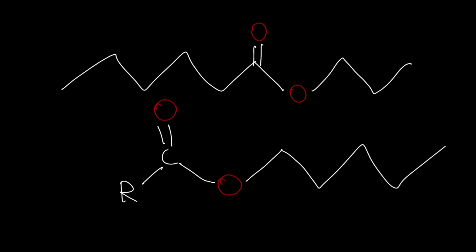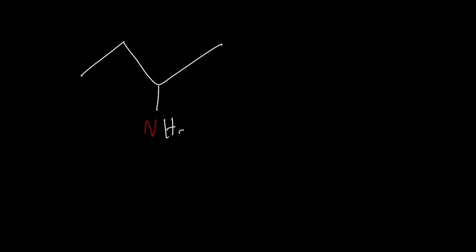This is called an ester. And an ester written out sometimes will be COOC in letters. If you ever see an NH2 group, this is going to be called an amine. So it's simply NH2.